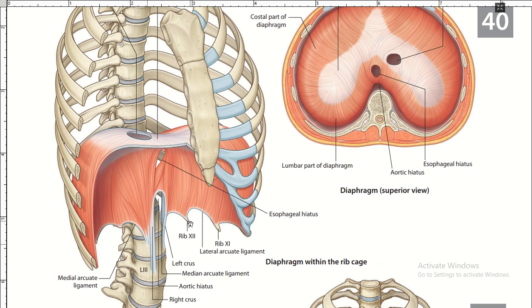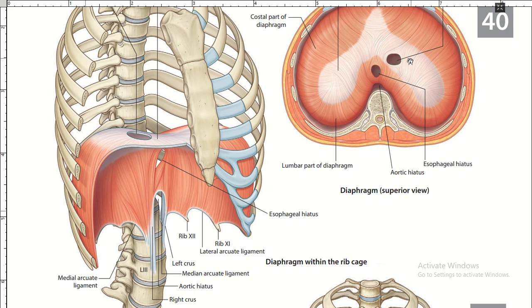Right. So the diaphragm is dome shaped, and it is going to have a right dome and a left dome. Take note of this. The right dome is higher than the left dome. The reason is that you see this whitish layer, this whitish part, that is called the central tendon.